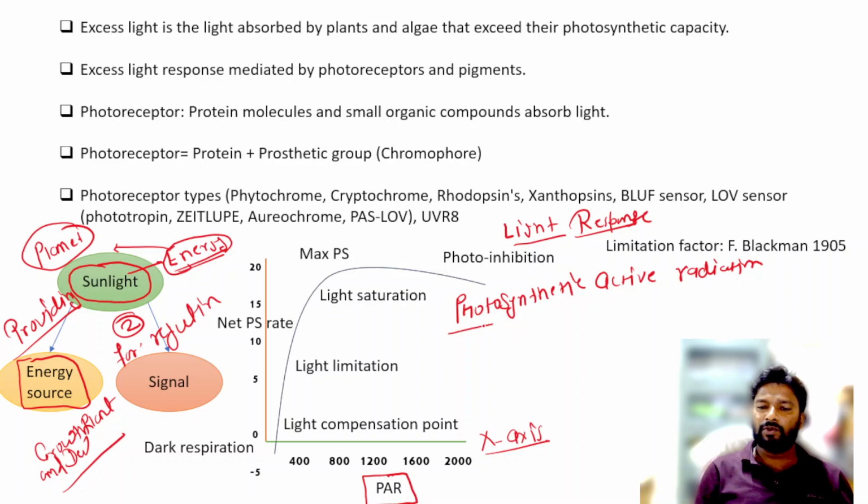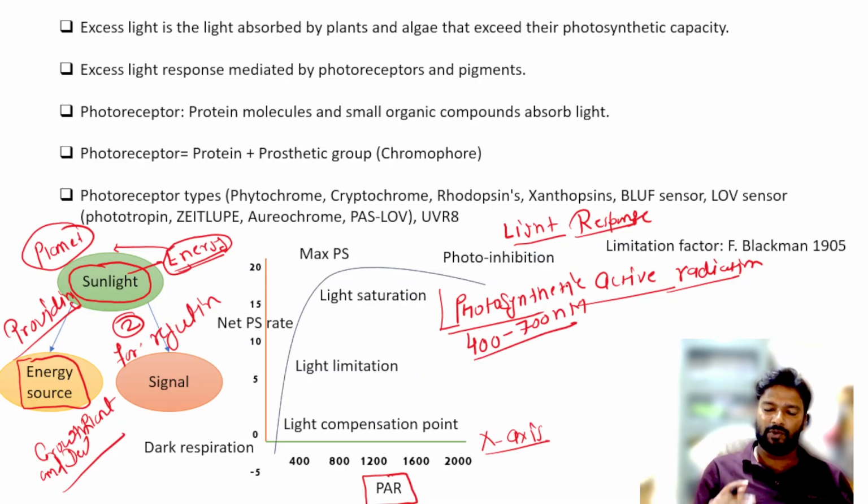Okay, so this is the light intensity, mostly 400 to 700 nanometer, which is crucial for the photosynthetic process. Means this is the active light responsible for photosynthesis on this planet.